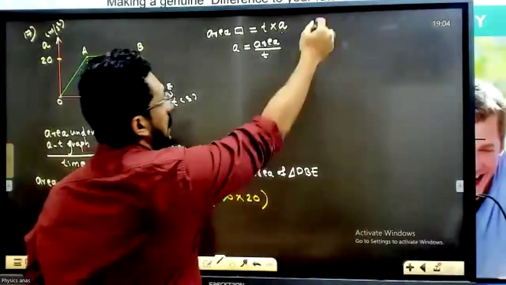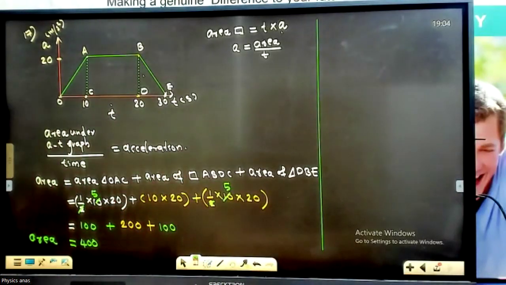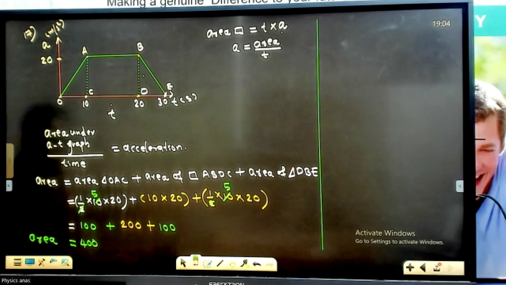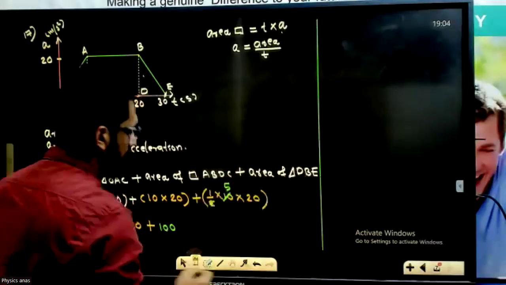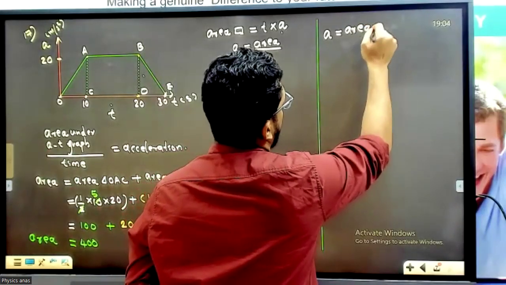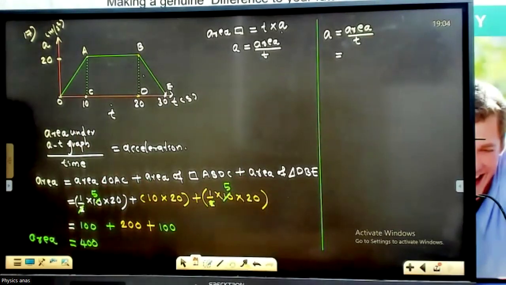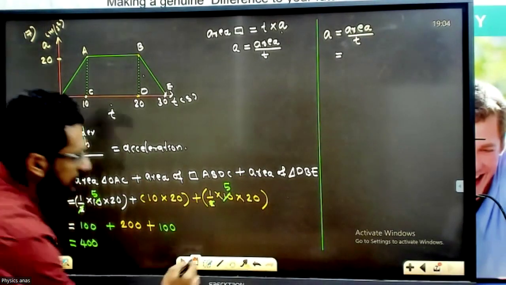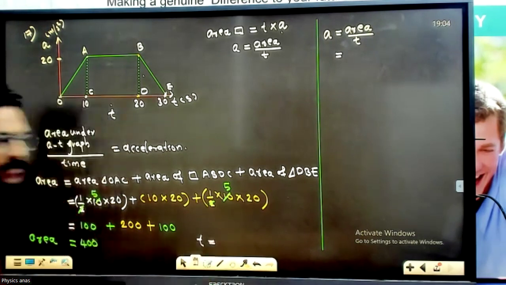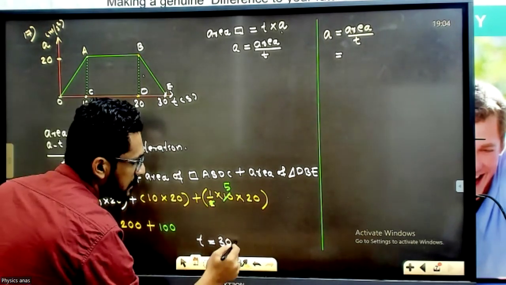What do you need to find? You have to find acceleration. How can you find acceleration? Area divided by total time will give you acceleration. What is the total time? Time is 30 seconds.